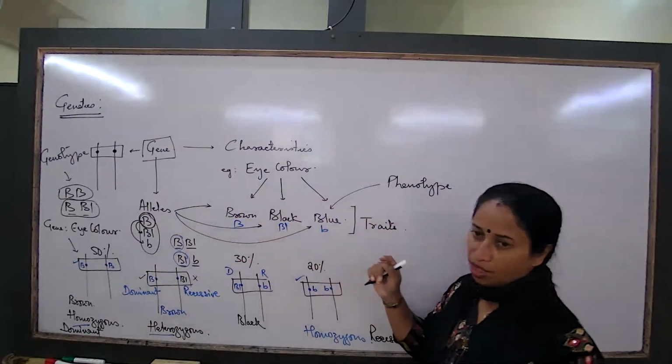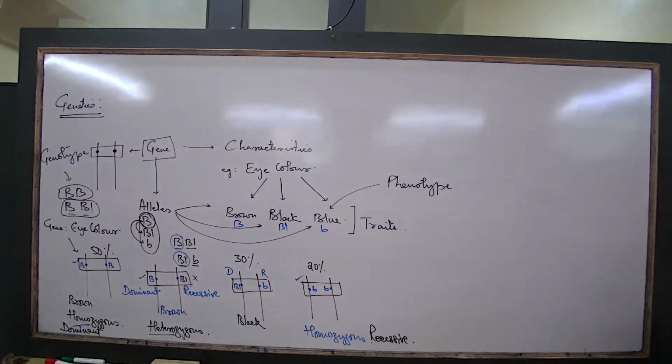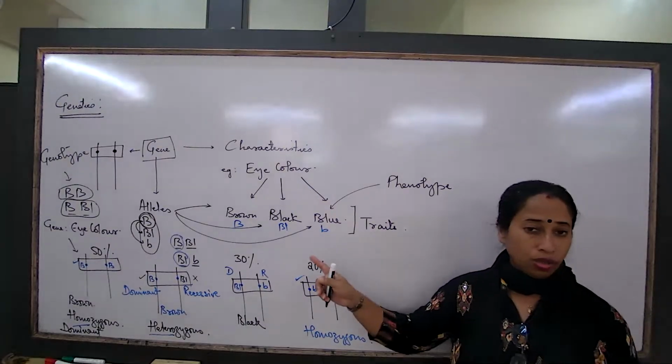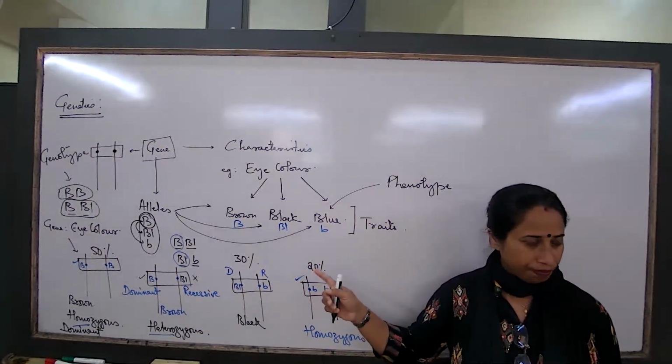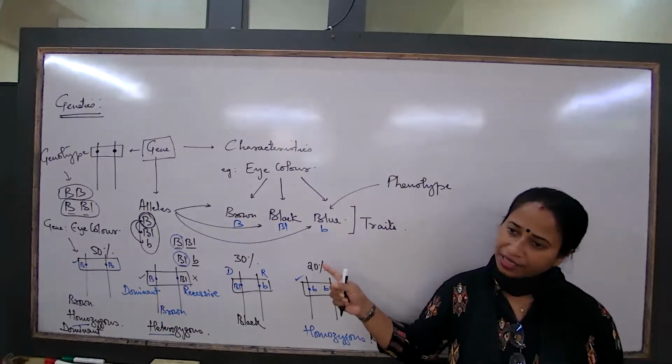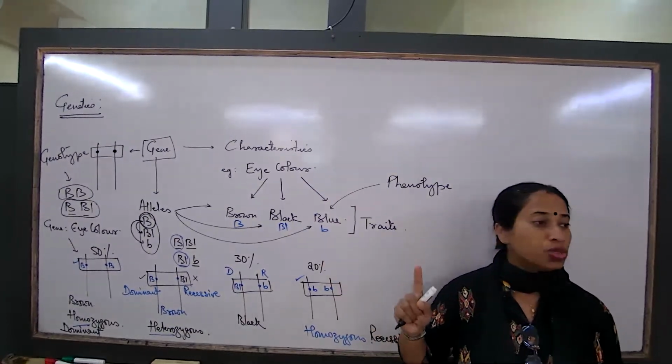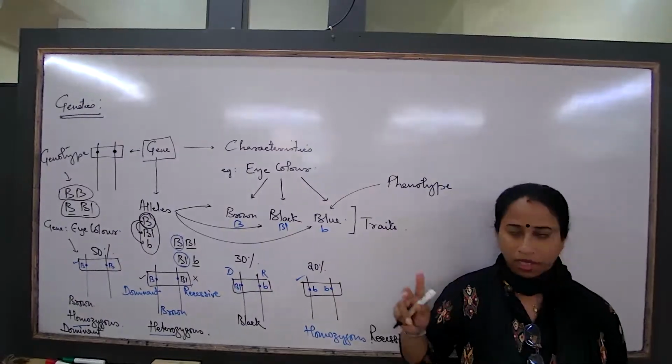So what is the definition of phenotype? Phenotype means the visual expression of genes. What is genotype? Arrangement of alleles for a gene. What are the types of alleles that we have? What is homozygous? I told you, clear. What is heterozygous? Clear. Heterozygous: alleles are different. Homozygous: alleles are same.